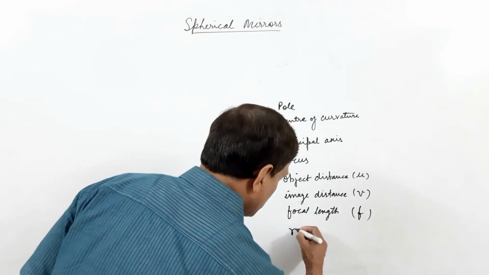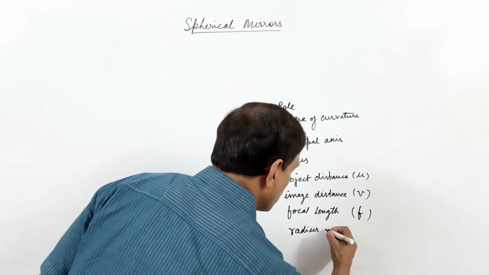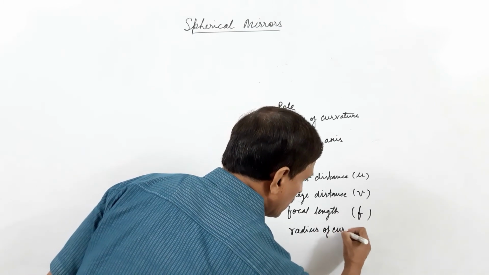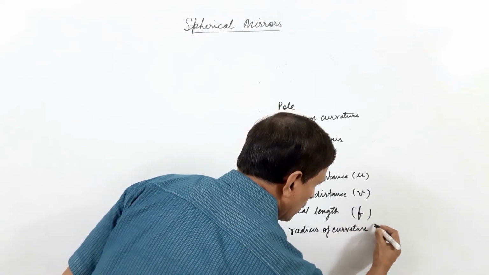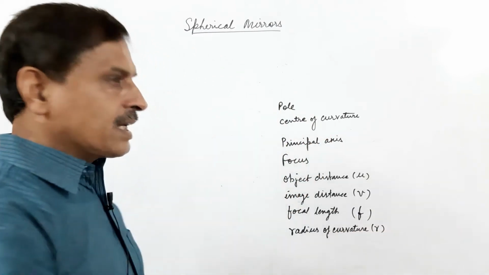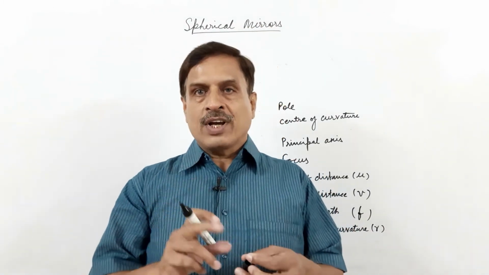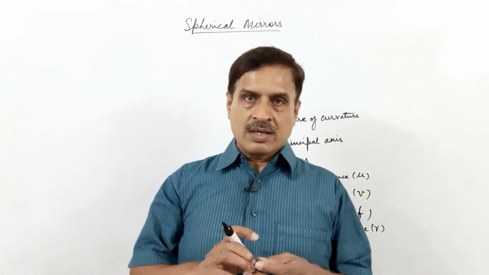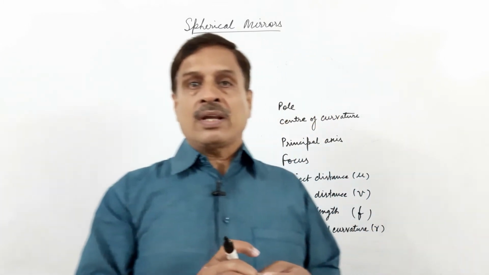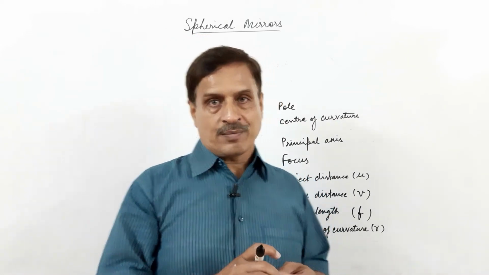Radius of curvature is the radius of the sphere, hollow sphere rather, of which the mirror forms a part. That is the distance between the pole and center of curvature.